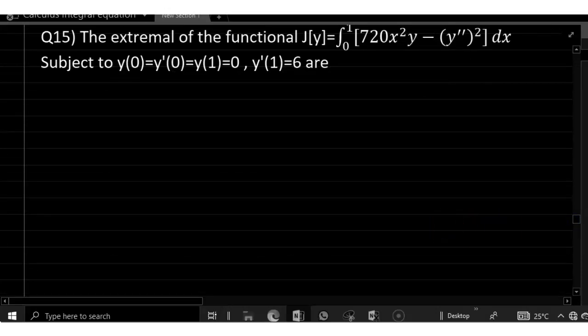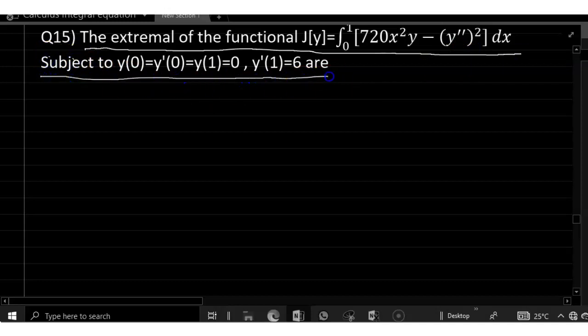I will solve an extremal problem. The extremal of the function J(y) equals integral of 720 x square y minus y double dash whole square dx, subject to y0, y dash 0, y dash 1.